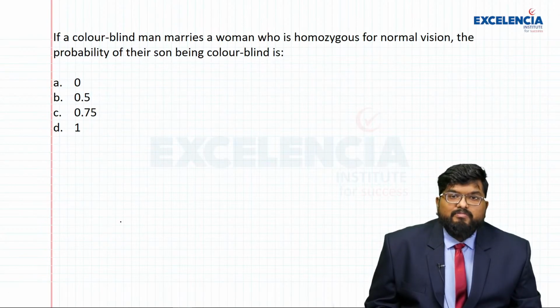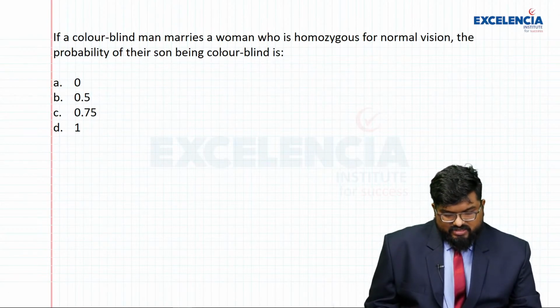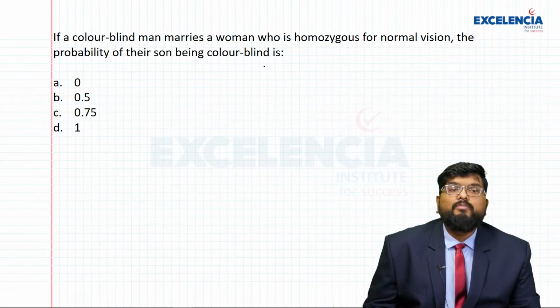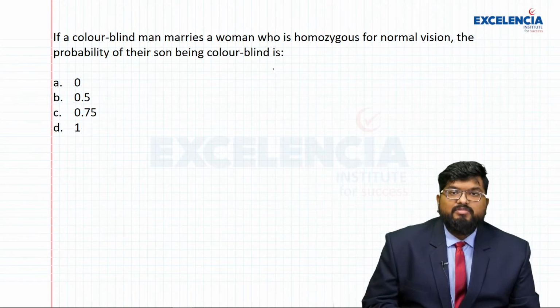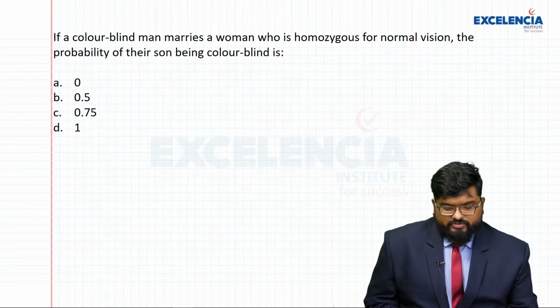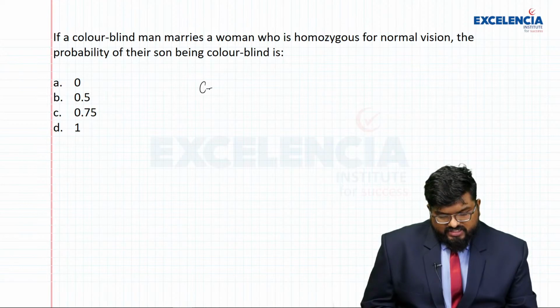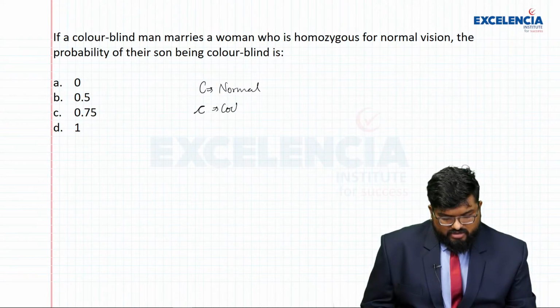If a colorblind man marries a woman who is homozygous for normal vision, the probability of their son being colorblind is, let's do that. So capital C, normal, small c, colorblind.